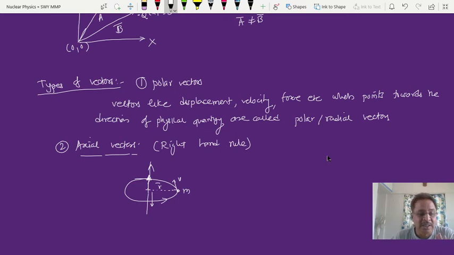Such vectors are called axial vectors. In the first polar case, the vector itself points in the direction of the physical quantity, but here the physical quantity is somewhat different, and its vector is drawn along the axis, so that is called an axial vector.